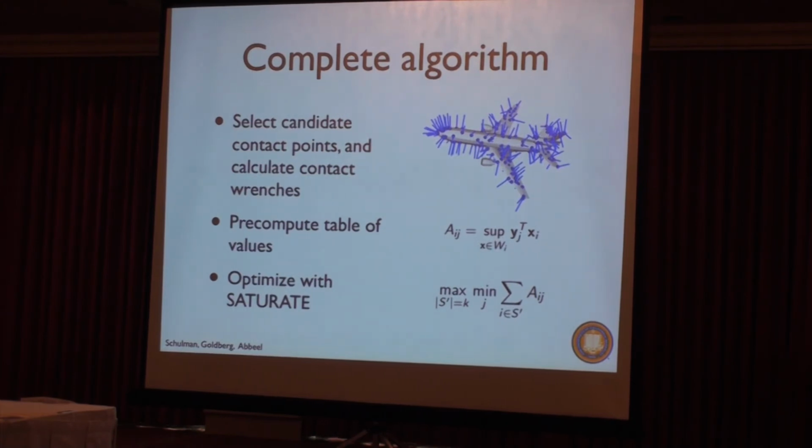Then we pre-compute a table of values which tells you how much each contact can contribute to resisting forces in a certain direction in wrench space. So we have one entry for every contact in every direction in wrench space. And then once we've computed this table of values, we use SATURATE to solve an optimization problem.